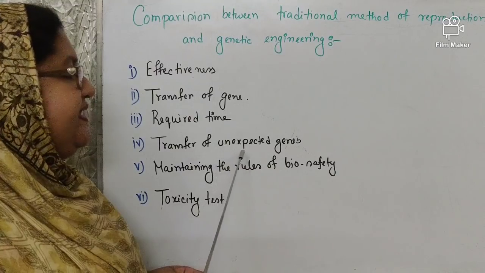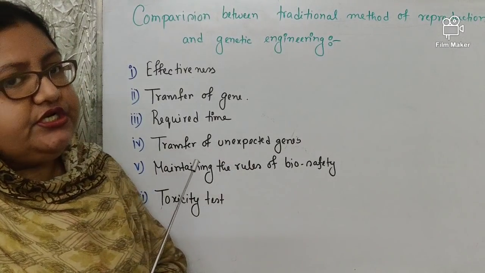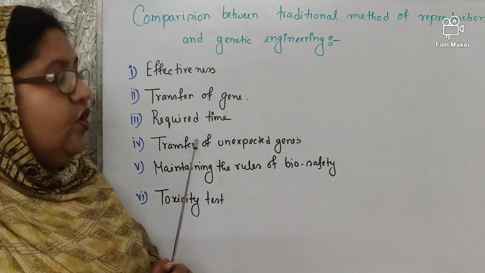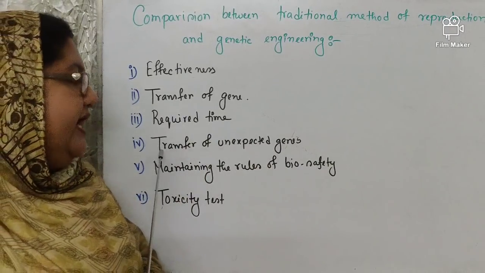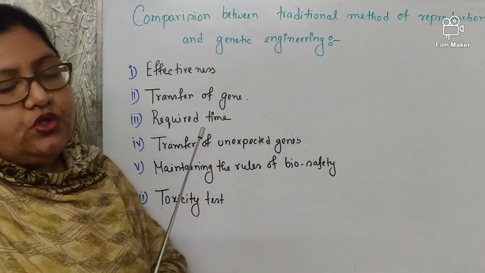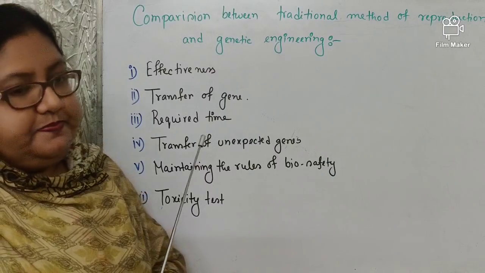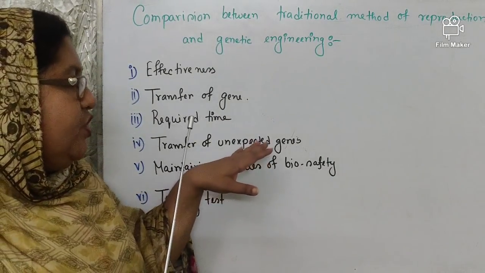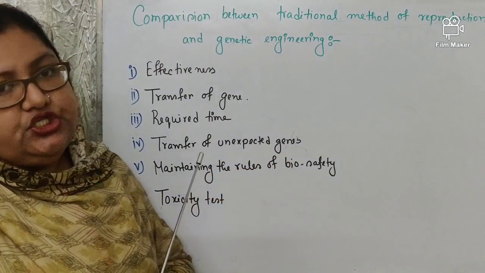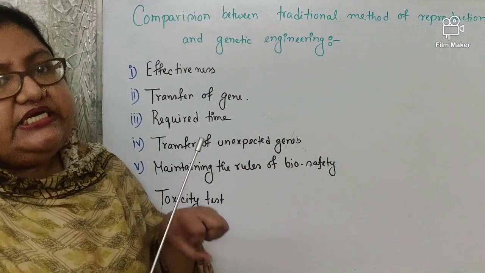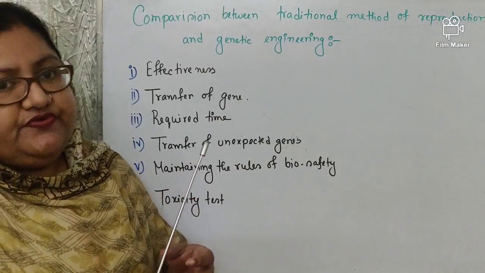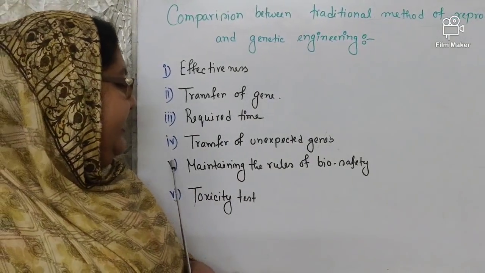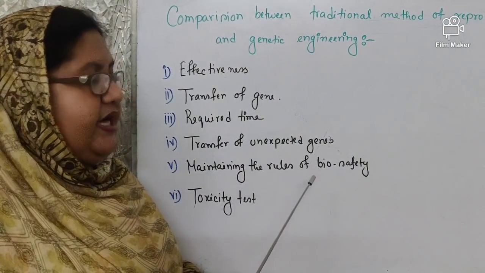Transfer of unexpected gene. In case of the traditional method of reproduction, along with the desired character, unexpected genes can also be transferred. But in case of genetic engineering, the transfer of unexpected genes is not possible, because only the desired gene is transferred. Next, maintaining the rules of biosafety.